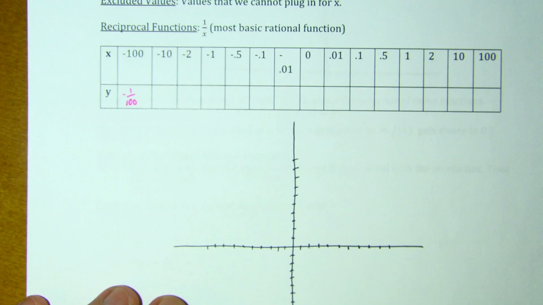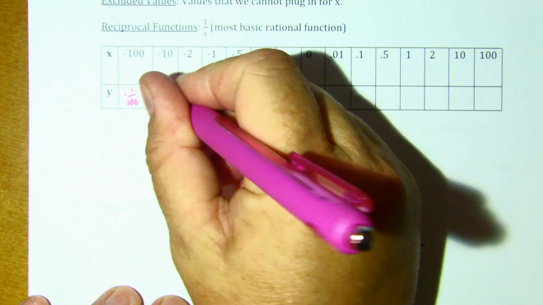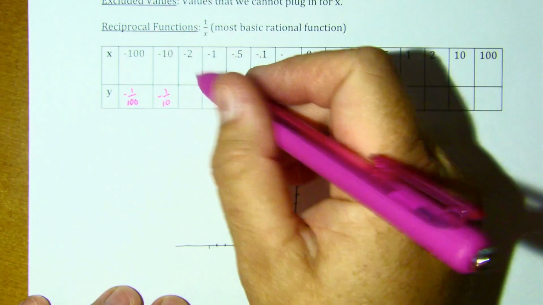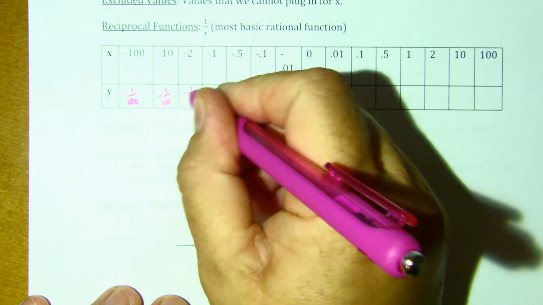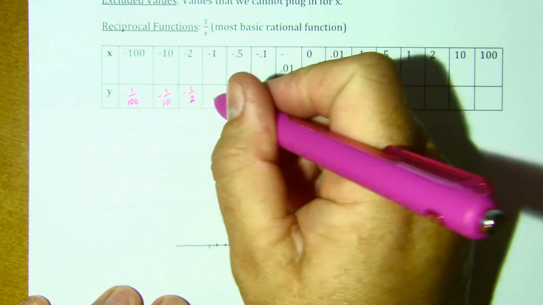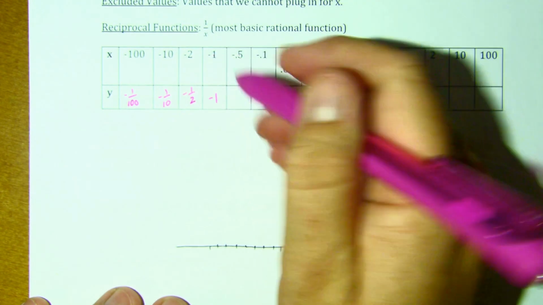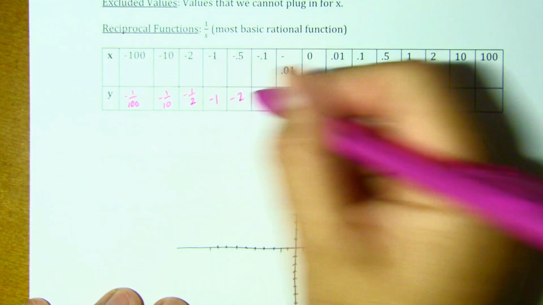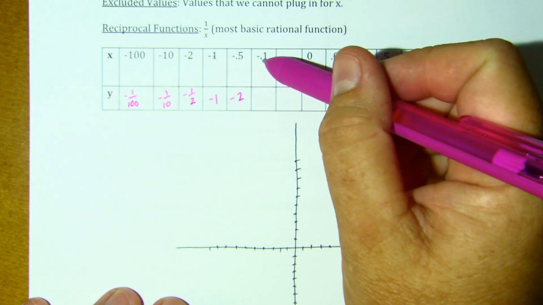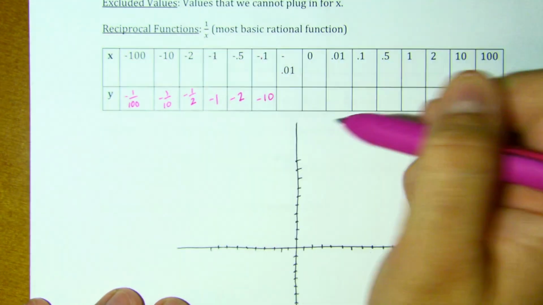If I plugged in -10, that would be -1 over 10. Plugging in -2, that would be -1/2. Plugging in -1, that would be -1. Plugging in -0.5 or -1/2, that would be -2. Plugging in -0.1 would give me -10.